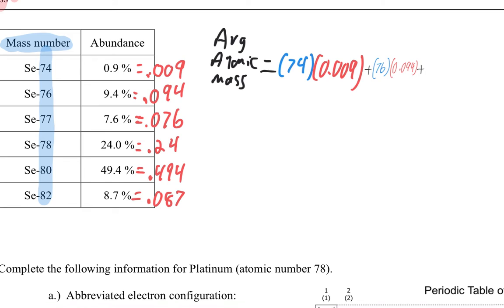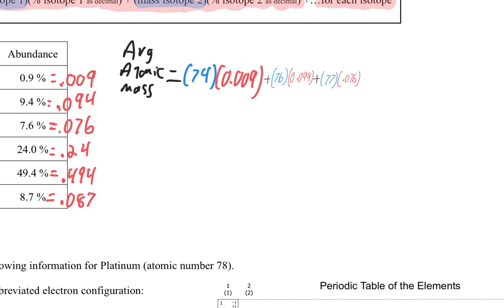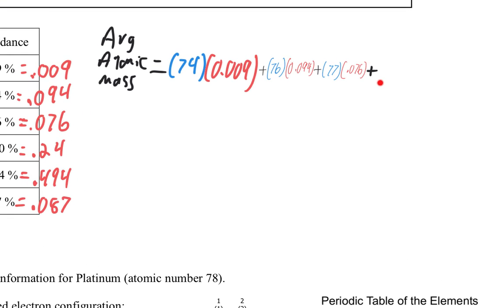And then to that I am going to add a mass of 77 times 0.076. Add to that a mass of 78 times 0.24.